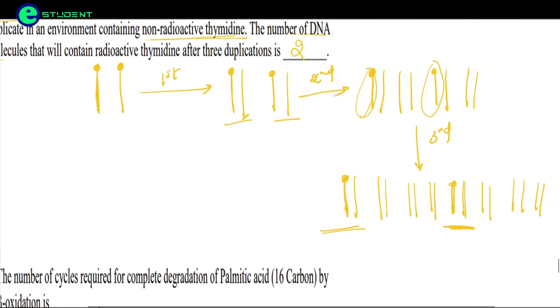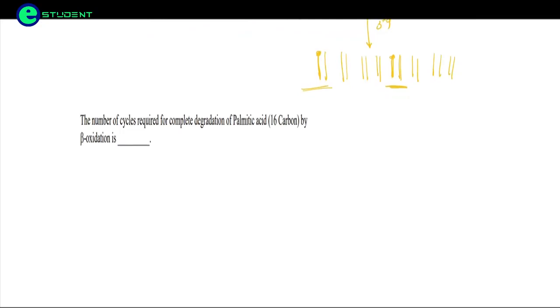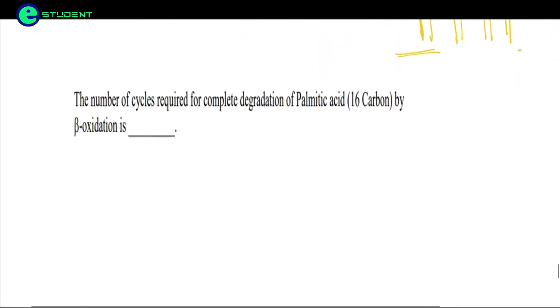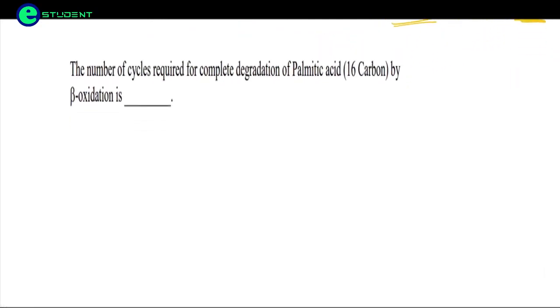Okay, coming to the next question. The number of cycles required for a complete degradation of palmitic acid by beta oxidation is? So, palmitic acid is a 16 carbon fatty acid.